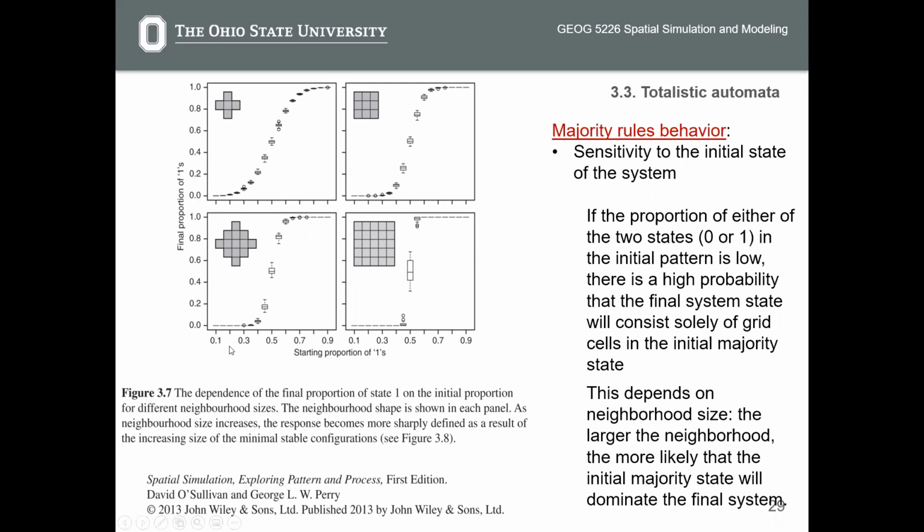If there is a little bit more proportion of ones at the very beginning, for example, 0.4, it's still minority, but in the end, we have a very small box plot here, which has a max value around 0.2. It means that at the very beginning, 1 is minority. The proportion is 0.4.